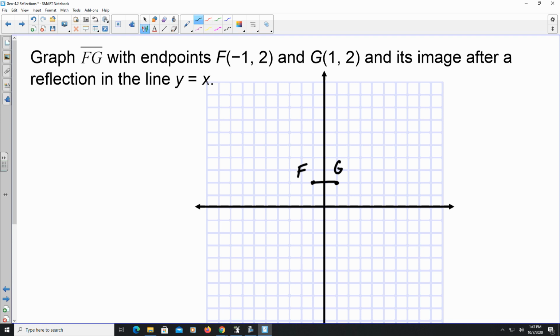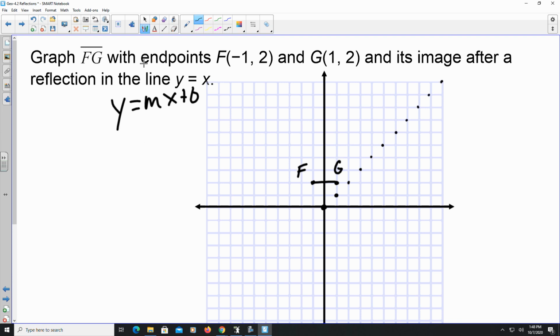Here's our line segment. Now what we have is it telling us that my line of reflection is y equals x. So you have to resort back to your slope-intercept form, y equals mx plus b. My y-intercept is 0, so plot the point there. My slope is 1, so it's up 1 to the right 1, up 1 to the right 1, up 1 to the right 1.